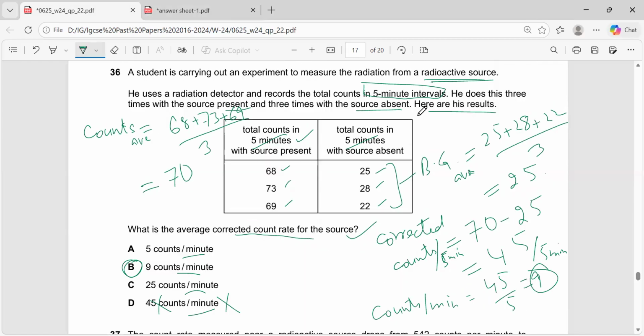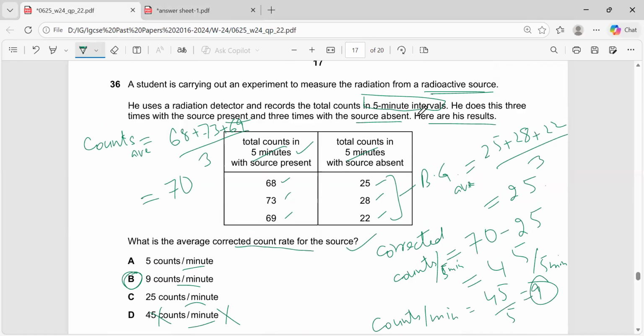My dear friends, again, the student measured some counts in the presence of a radioactive source, and in the absence of the radioactive source. And he did it for 5 minutes every time. So 68, 73, 69 counts he got in 5 minute attempts. So average counts are 70 counts per 5 minutes.